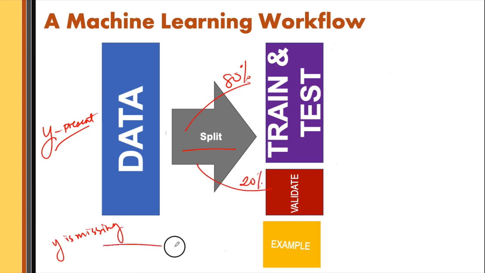When y is missing, it will be part of the example dataset. And similarly, we want to have a model which has a better performance in the validation dataset as compared to the training and testing dataset. This is to ensure that once new data comes in, the model has a better result as compared to the previous one.